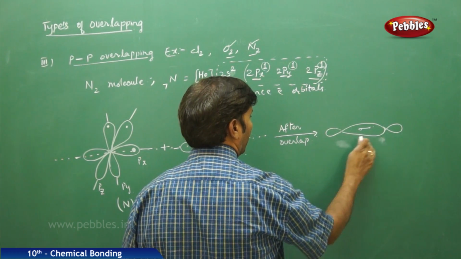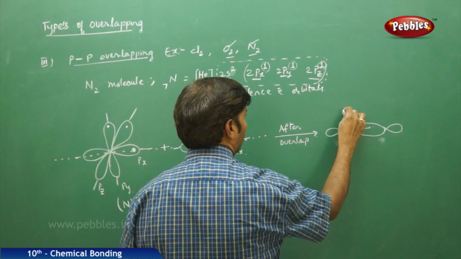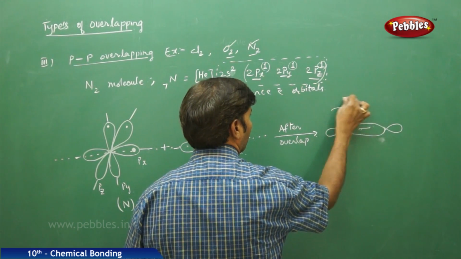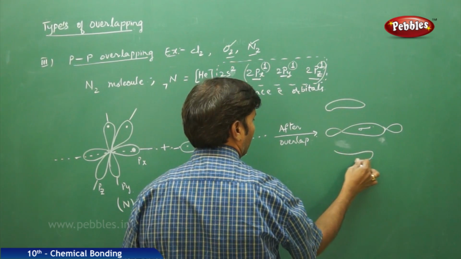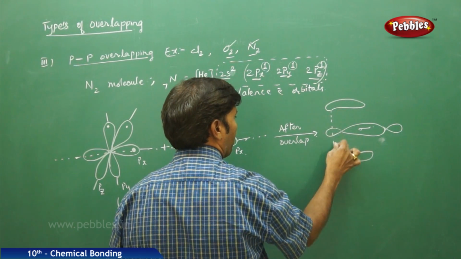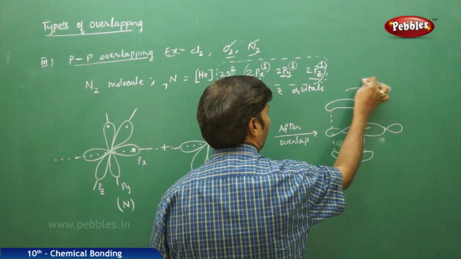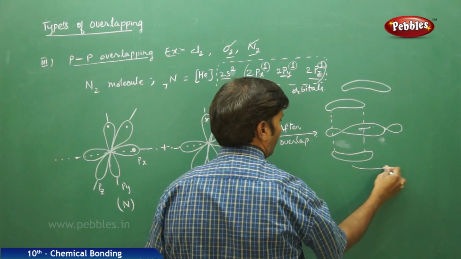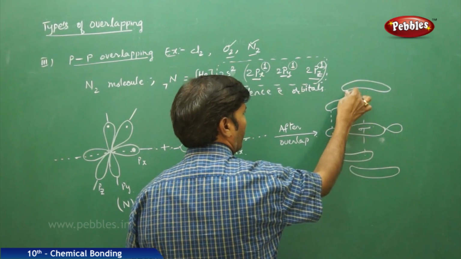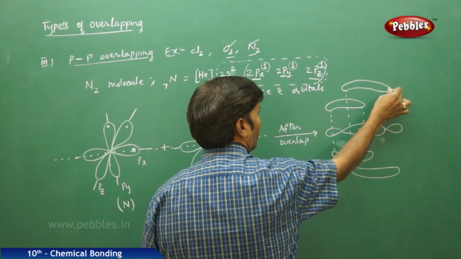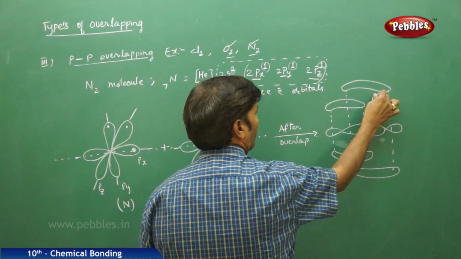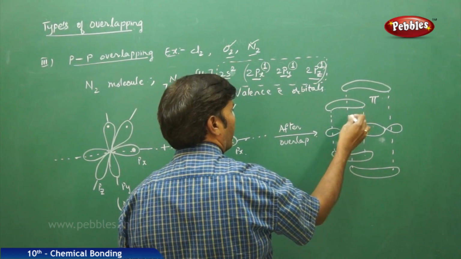You can just show it here like this, px, one pi cloud like this, another pi cloud.